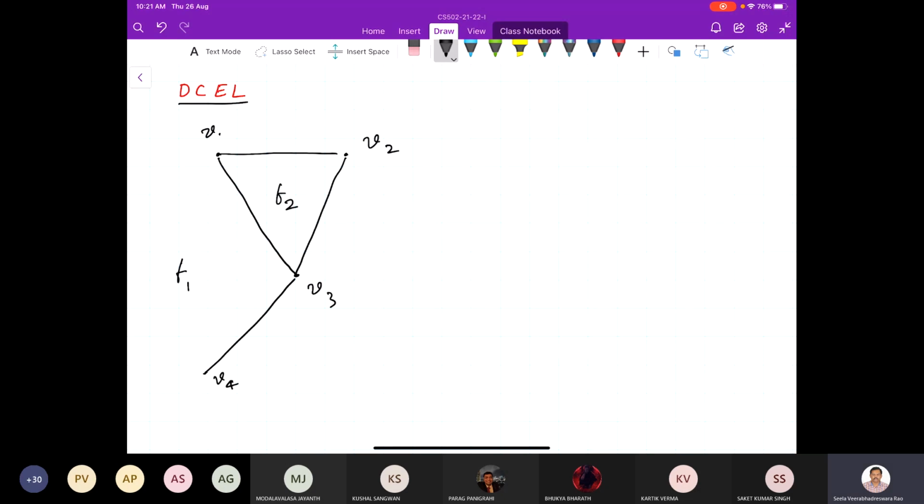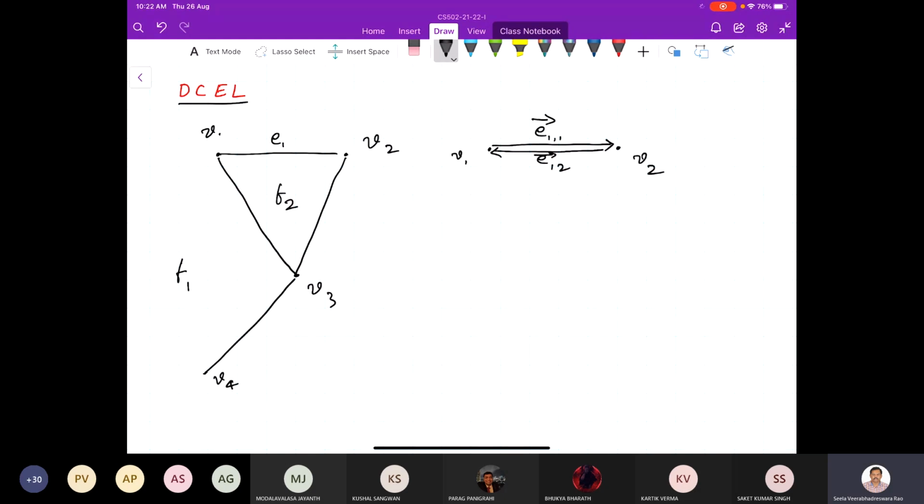For the sake of convenience, we replace these edges by what are called half edges. So this is E1, and E1 is replaced by two directed half edges.